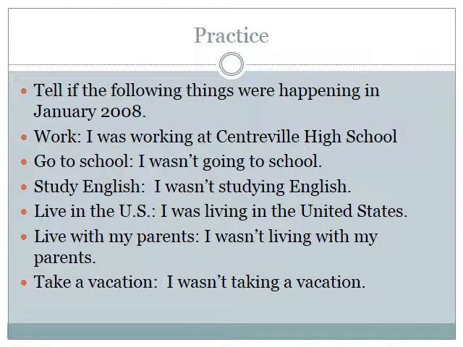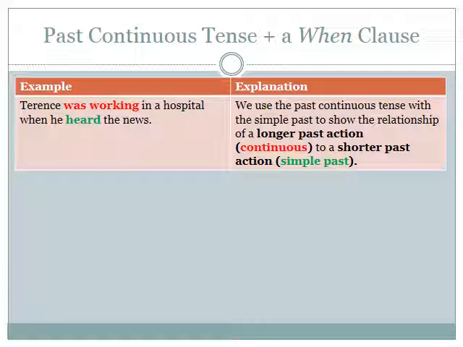Okay, so moving on to the next one here, this is page 229. So again, the past continuous means something that was in progress in the past at a specific time. So in the last case, we gave a month or a year. But in this case, the specific time is a when clause. So we have here, Terrence was working in a hospital when he heard the news.